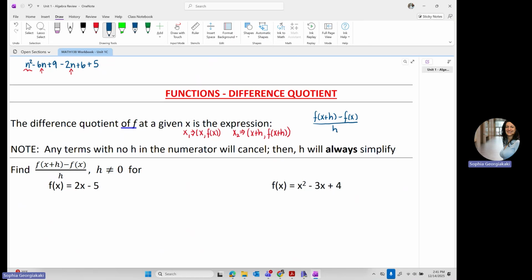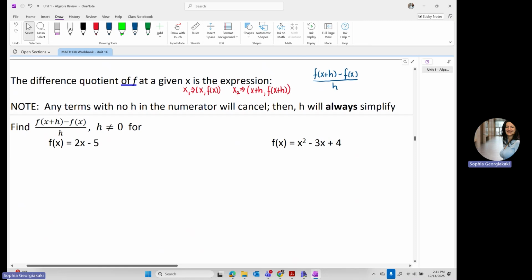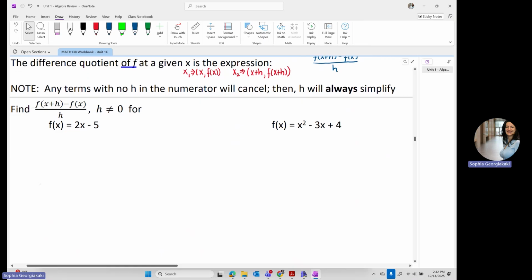It is a very important topic in calculus, and it describes the slope of a line connecting 2 points on the graph of f. Any terms with no h in the numerator will cancel once you evaluate correctly the difference quotient. Then h will always be able to divide whatever is left in the numerator, and therefore h will always simplify.